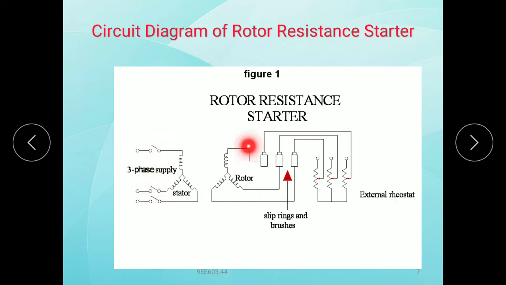For the rotor, these three are slip rings, and the small one is brushes. These are connected to an external rheostat, that is a variable rheostat.